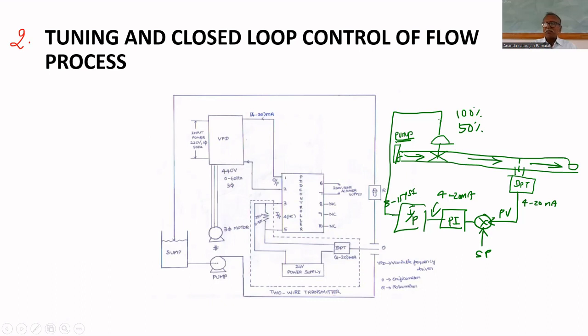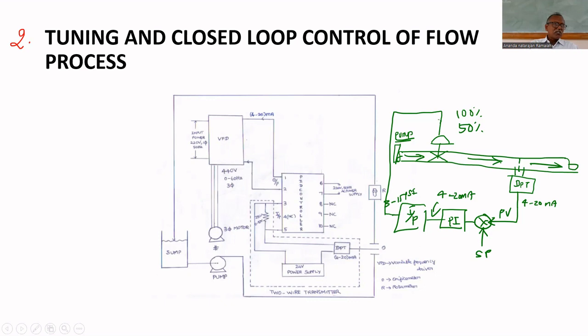So the energy is dissipated across the valve by pressure drop. Because of the resistance of this valve, the flow rate is reduced. If you put resistance, the energy is lost. So the pump always tries to pump 100%, but because of the valve 50% only, that's why energy loss.